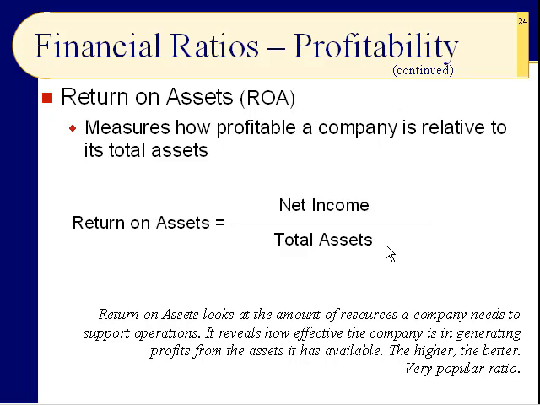So let's read at the bottom. The return on assets looks at the amount of resources a company needs to support their operations. It reveals how effective the company is in generating profits from the assets it has available. The higher the better, and it's a very popular ratio, but in the car industry, right, they need tremendous resources to build those cars.